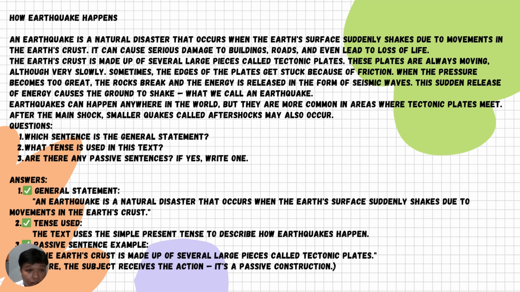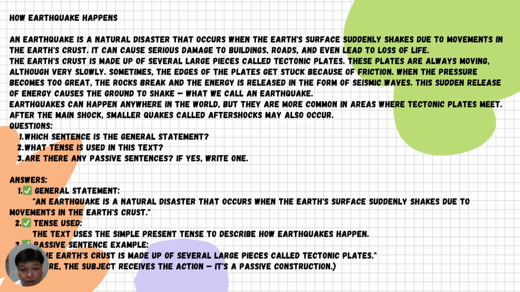And then the second question: what tense is used in this text? The answer for number two is that the tense used in that text is simple present tense to describe how earthquakes happen. And then the last question: are there any passive sentences?